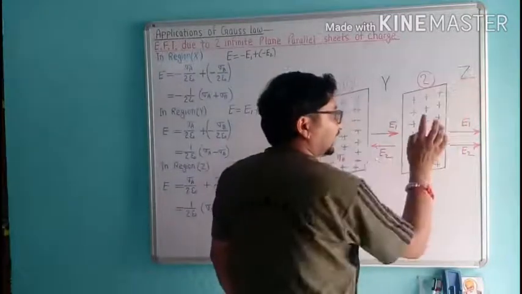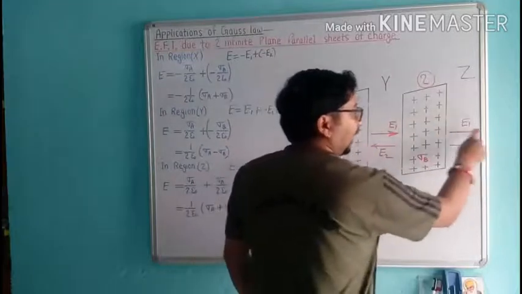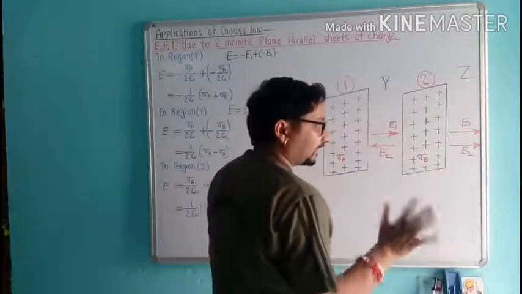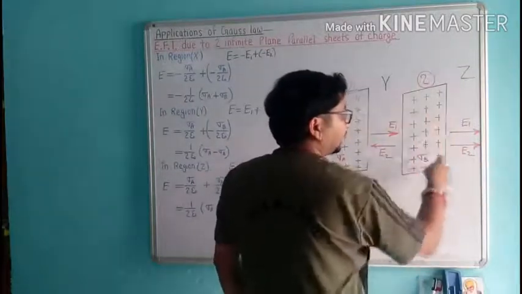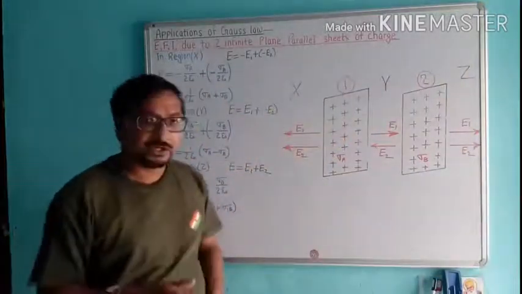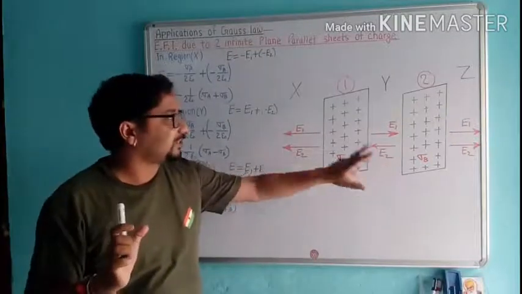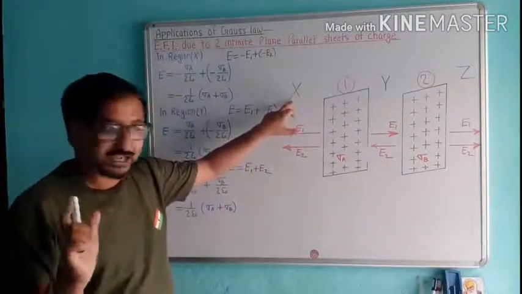And in region Z, the direction of electric field intensity due to the first sheet will be away from the sheet, and due to the second sheet will be away from the sheet. So we have the directions of electric field intensity due to the first sheet and second sheet for region X, region Y, and region Z.